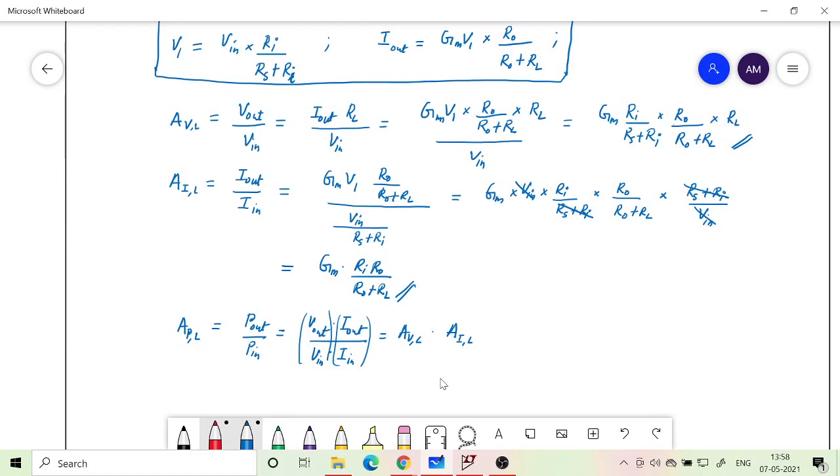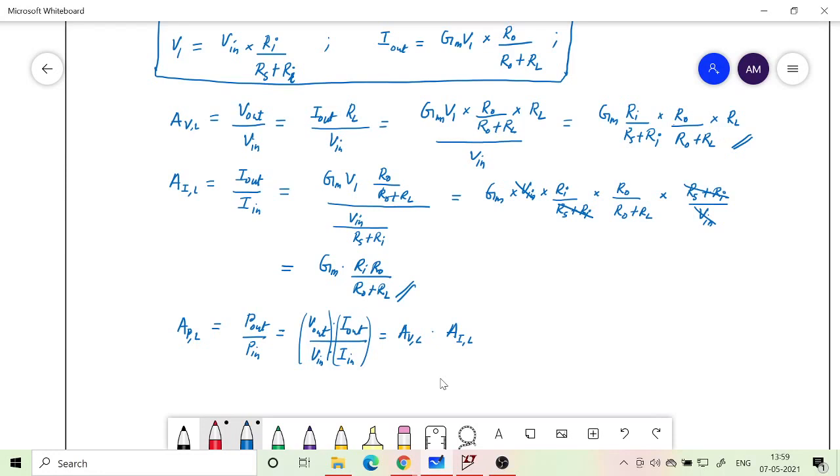Once you get the waveform, you just need to note down the peak value of the input waveform and the output waveform, and take the ratio, to check whether it matches your AVL for the given resistance values and the GM value. GM is also something that you decide how much you put in. I put 5 when I showed it last time, and if they match, it is coming correct.